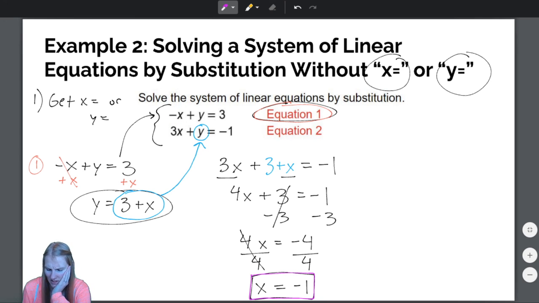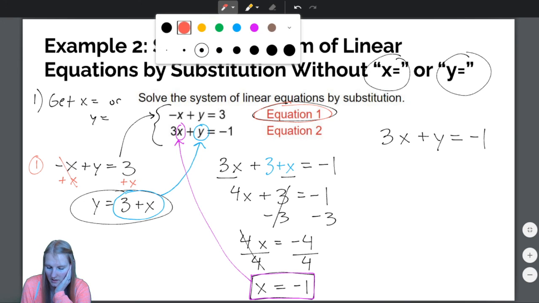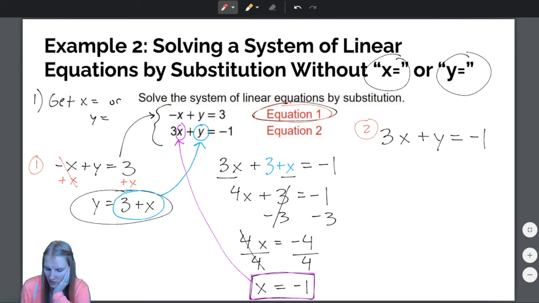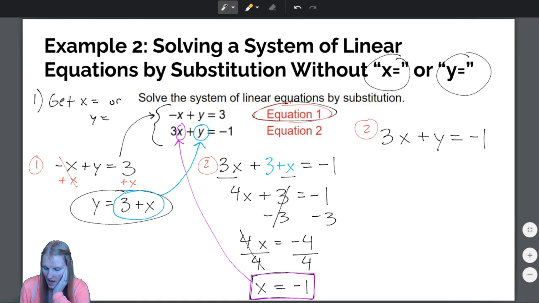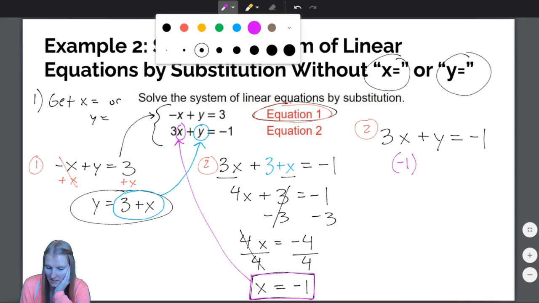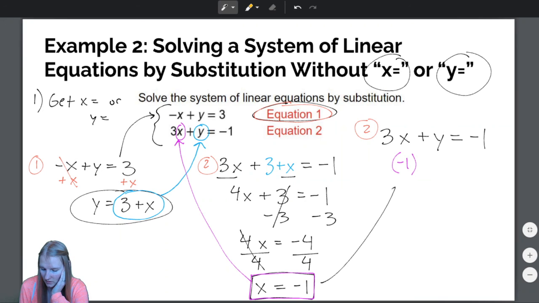I don't want to deal with that, so let's use equation number 2. So we have 3x plus y equals -1. Let me draw a little 2 next to this so that we can see it's equation number 2. But instead of writing x, I'm going to write -1 because x is equal to -1.